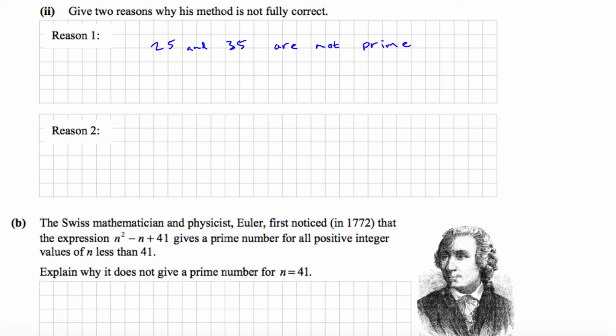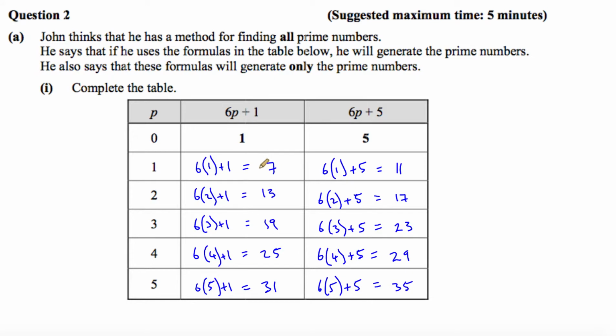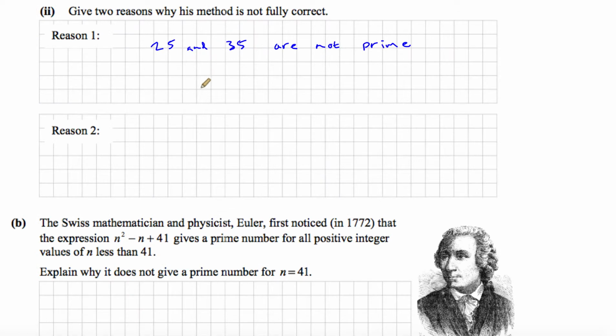Another reason would be that 1 also is not prime, the number 1 that was given to us. But another reason would be it didn't produce the prime number 2, or indeed the prime number 3 either. So actually it's 1, 25 and 35 that are not prime.